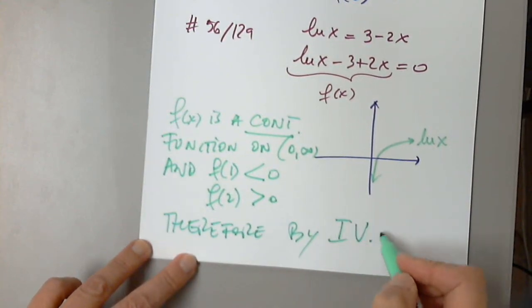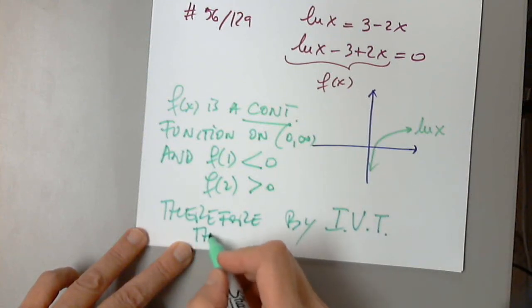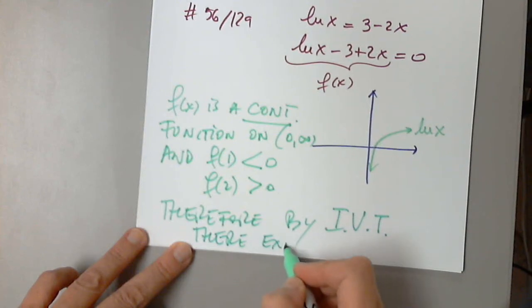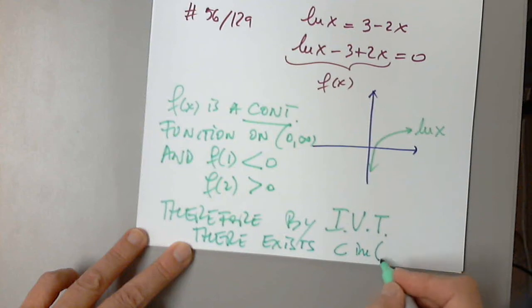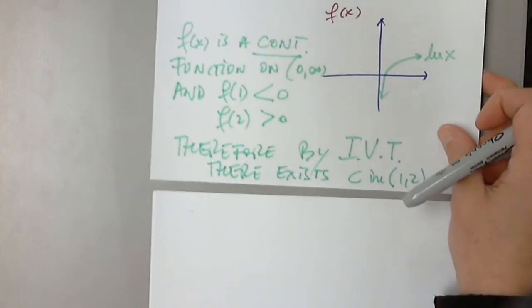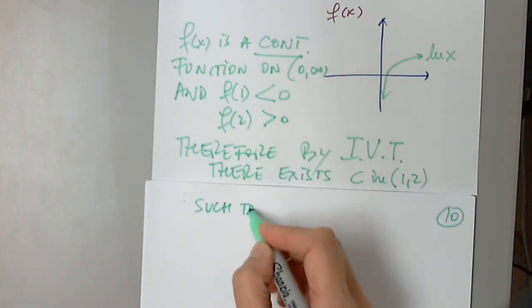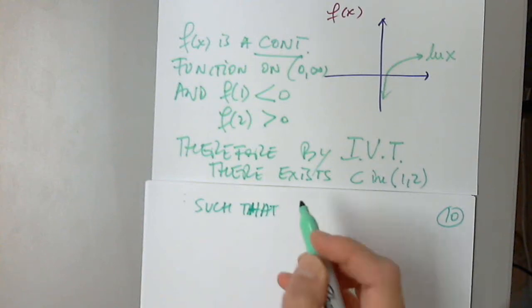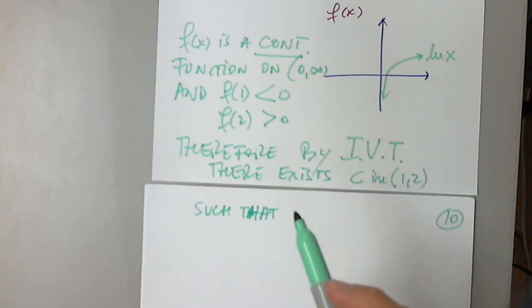by IVT, intermediate value theorem, there exists, what? C in the interval 1, 2 such that, what is next to the C?